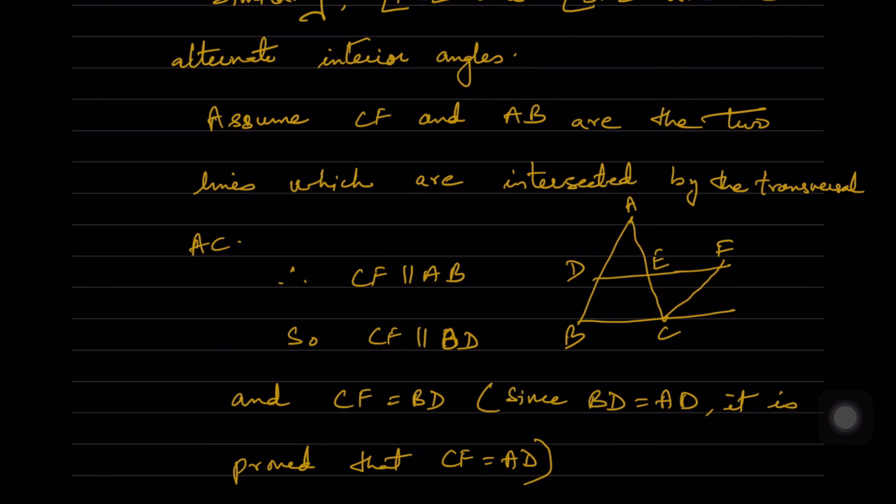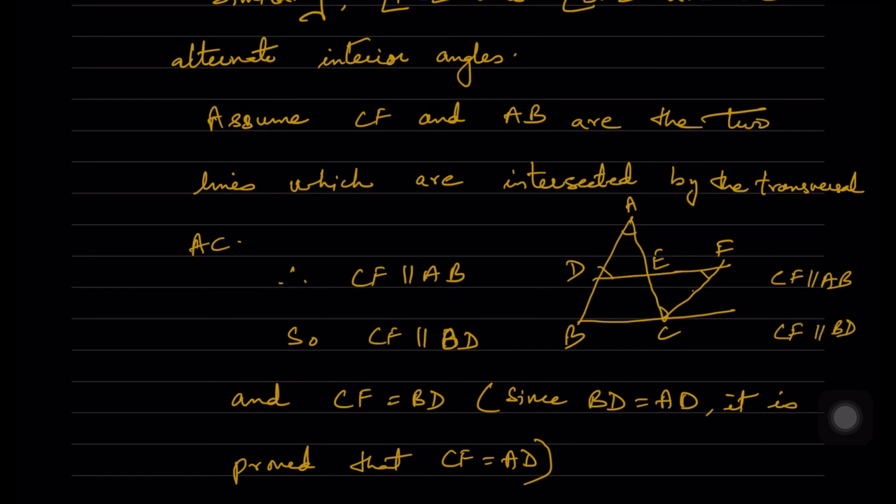Because they are intersected by this transversal, and we have just now seen the alternate angles are equal for both of them, therefore you can tell that CF is parallel to AB, and also CF is parallel to BD.